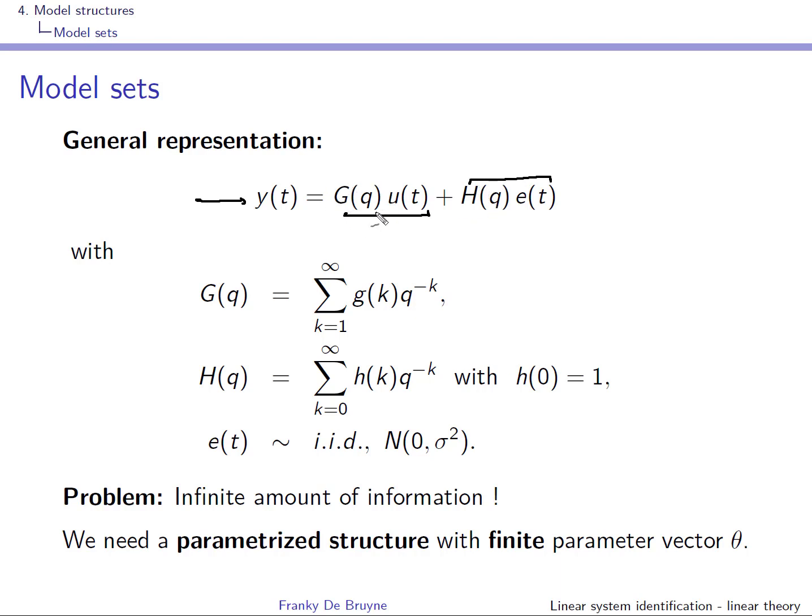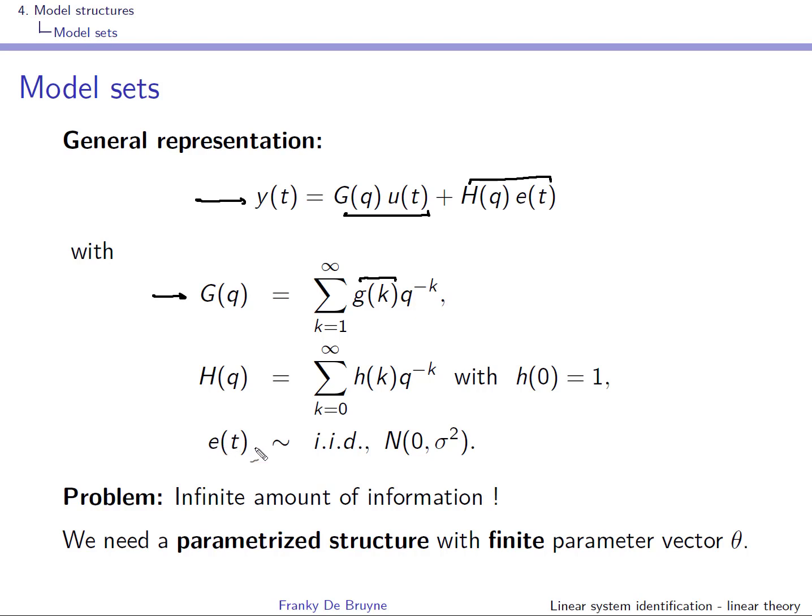The deterministic part is described by the input-output transfer function G(q), that you can also write as follows, and this is then the associated impulse response. The stochastic part can be seen as e(t), which is white noise.